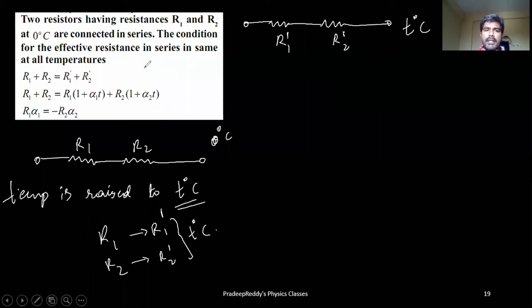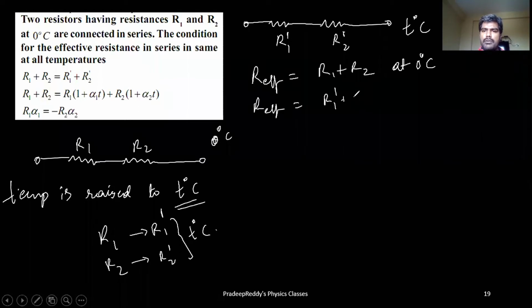Now, what is mentioned in the problem? It is given that the effective resistance in the series is the same at all temperatures. So when you are taking these two, what is the effective resistance in series? R effective will be equal to R1 plus R2. This is at 0 degrees Celsius. Similarly, R effective is equal to R1 dash plus R2 dash.